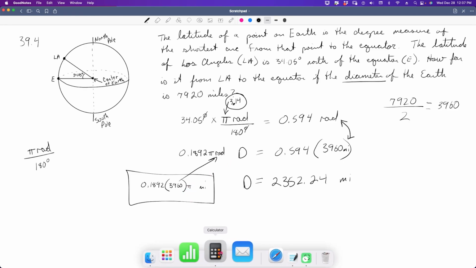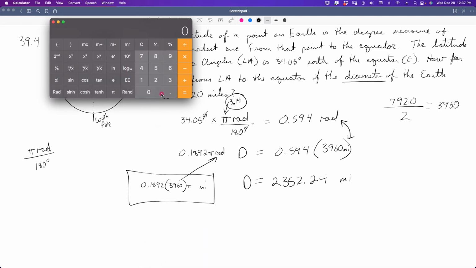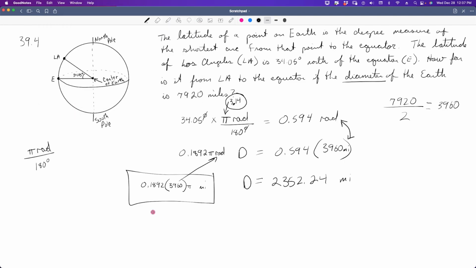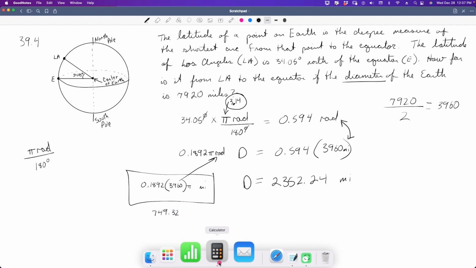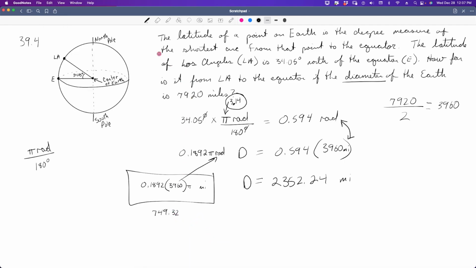If you were to do 0.1892 times 3960 and have 749.232 pi, sorry, 232 pi miles. That's the most accurate of all of it. That is the most accurate of all of those versions.